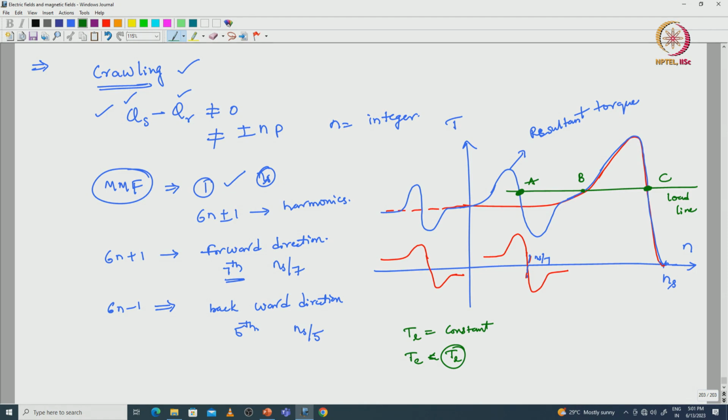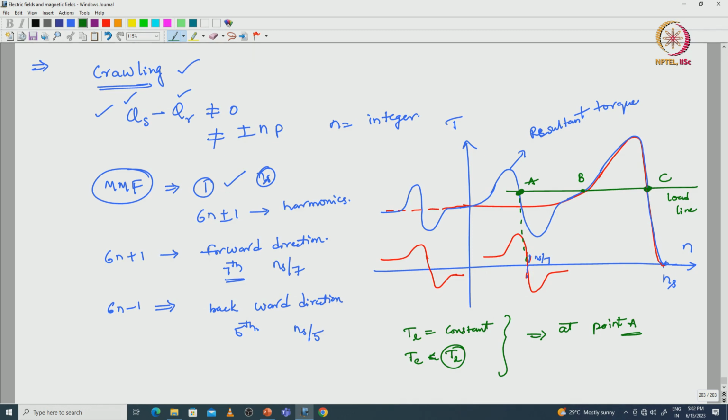It will rotate at ns by 7 synchronous speed and it is matching the load torque, and it will not go back to the stable point C. Speed will not increase and the torque matches the load, so the motor will settle at point A. That point A we call the crawling point or crawling torque.